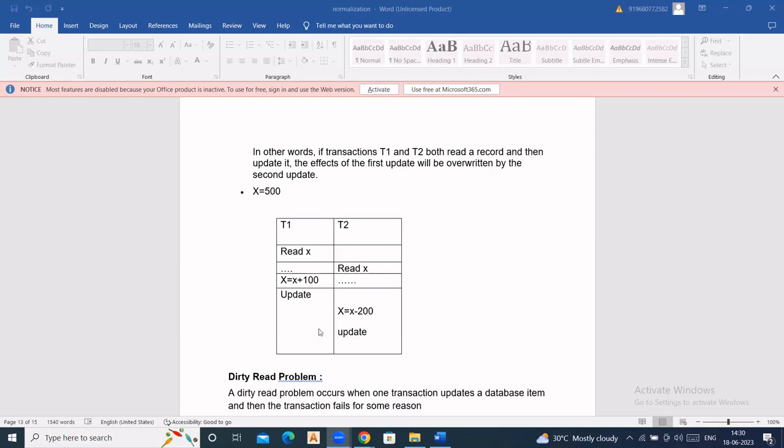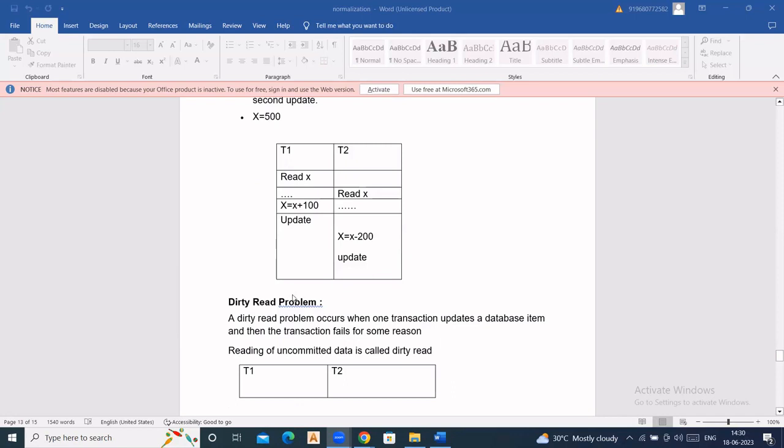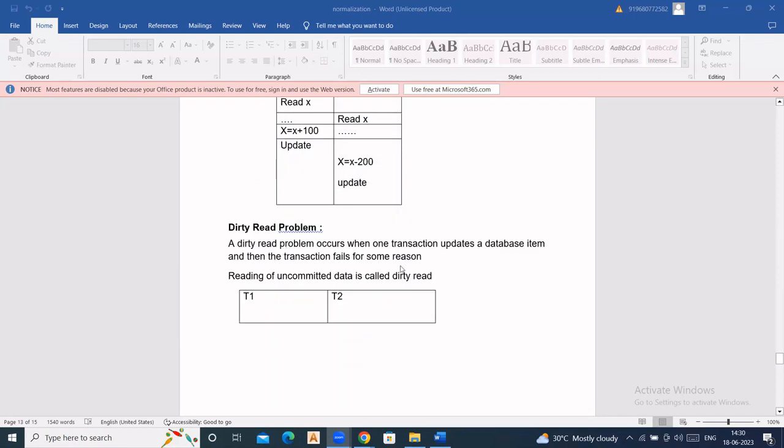X minus 200. Written. Next is dirty read problem.